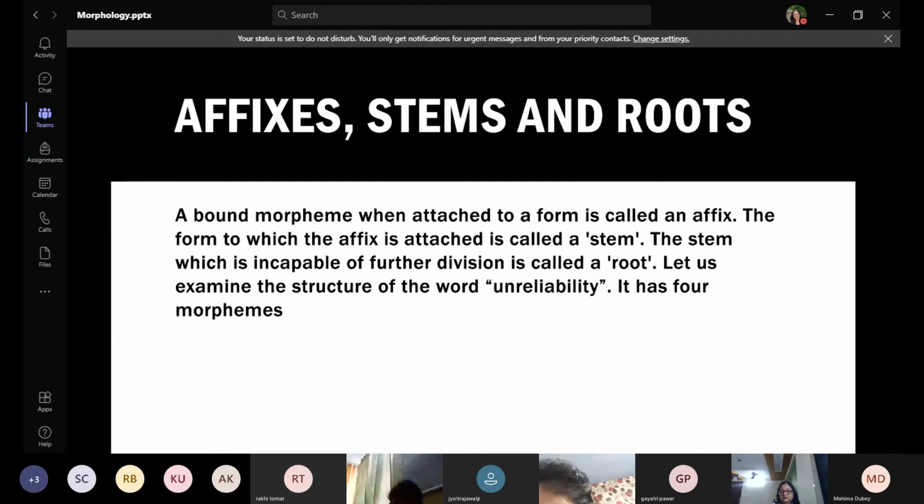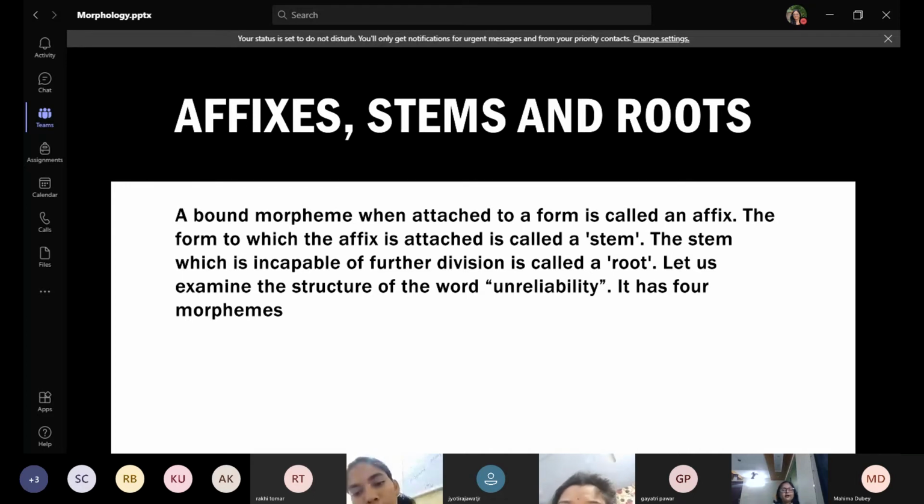Okay, so these three terms, affixes, stem and roots. A word may be made up of affixes, stems and roots. Affixes may be either prefix or suffix. Stem is where some affix is attached. And root is something which cannot be further divided.